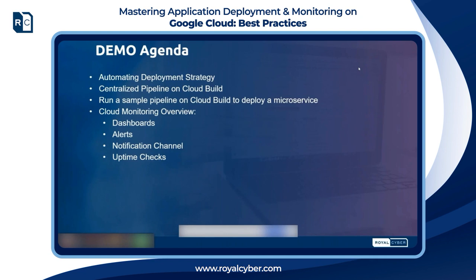We will run a sample pipeline on Cloud Build to deploy a microservice, and then we'll go right into an overview of the Cloud Monitoring tool, which is a native tool for alerting, incident response, and monitoring all the services and resources that are deployed on GCP. So that's the agenda, right? And within the Cloud Monitoring tool, we'll be focusing primarily on dashboards, alerts, notification channels, and uptime checks, right? So that's more or less the demo agenda.